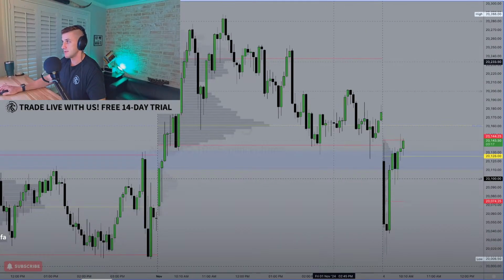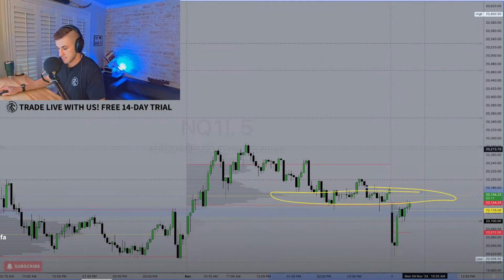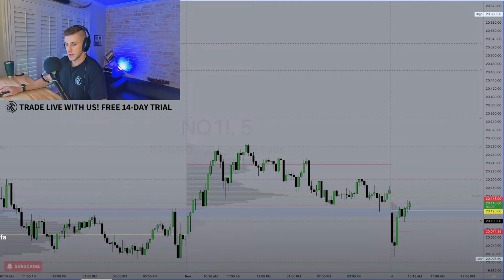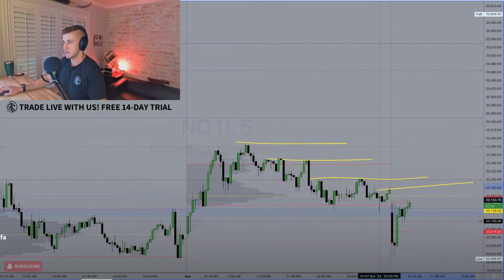Challenge is that we're bumping into all the volume from Friday's session, and the near term still does show that series of lower highs. Just kind of stepping lower, right?